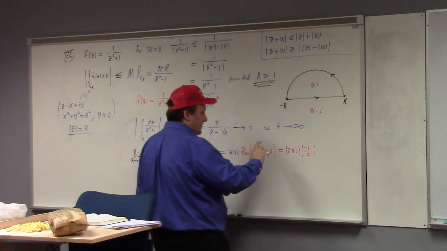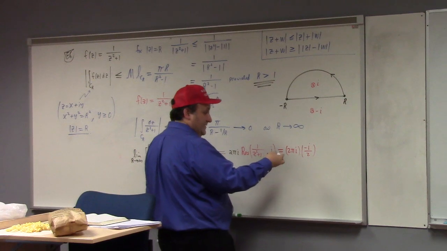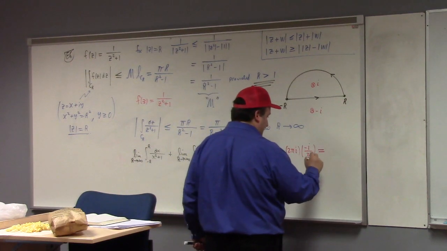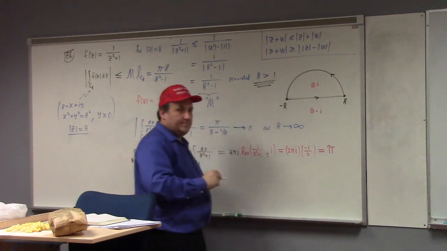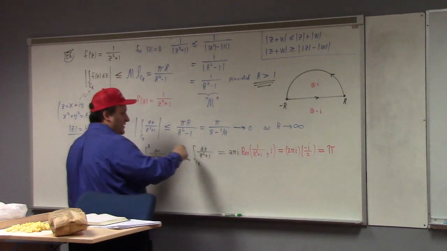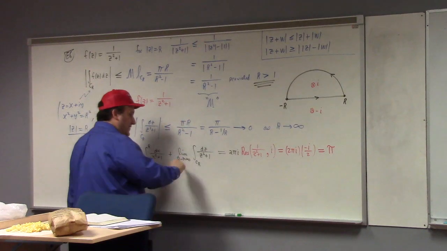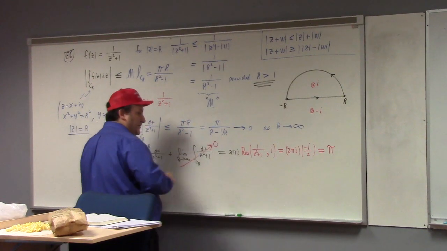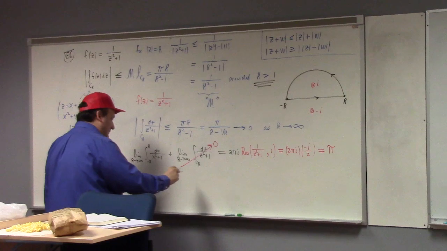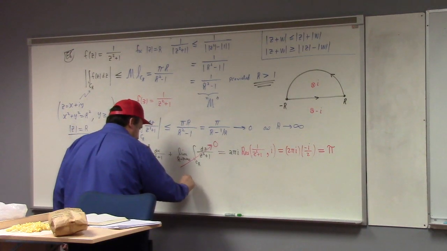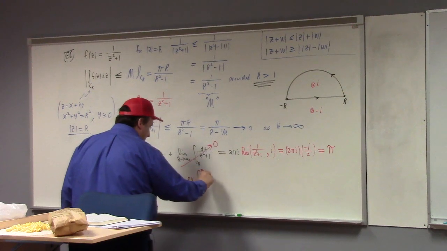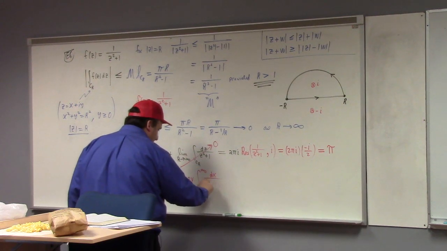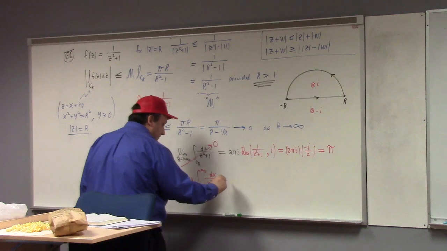So the 2's cancel. What's that? Just pi, yeah. The whole point of the argument above is that this piece goes to 0. And so what this tells me is that the principal value of the integral from minus infinity to infinity of dx over x squared plus 1 is equal to pi.